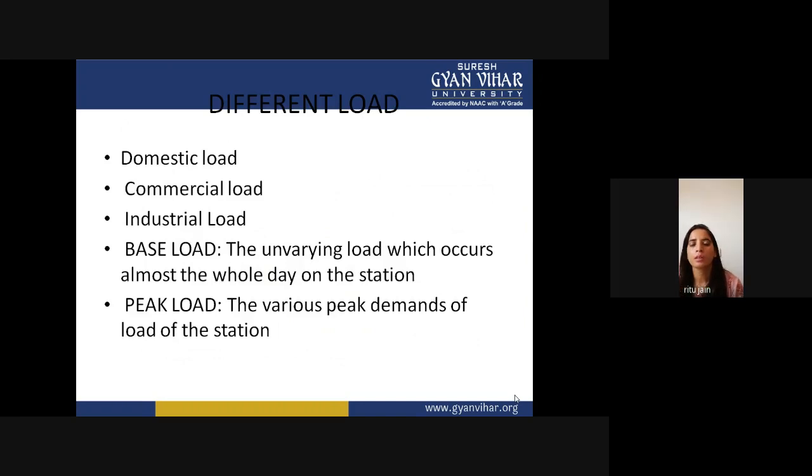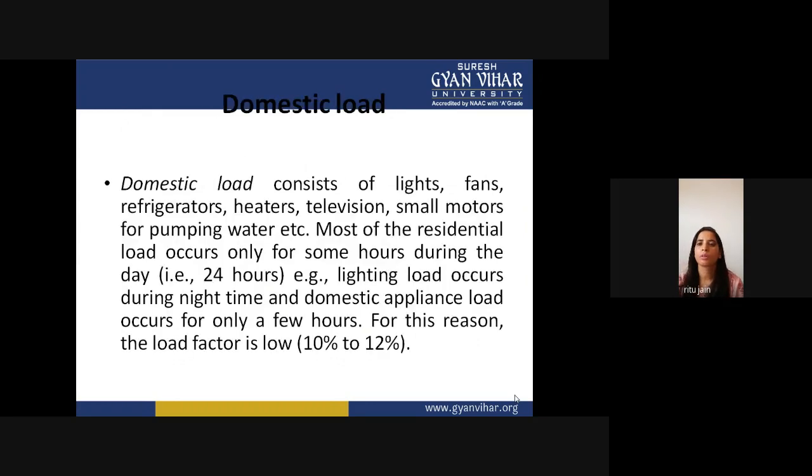Now there are some different loads, which may be domestic load, commercial load, industrial load, base load, and peak load, which we have already discussed. So what is domestic load? Domestic load is everyone knows: light, fan, refrigerator, heaters, television, small motors for pumping water.